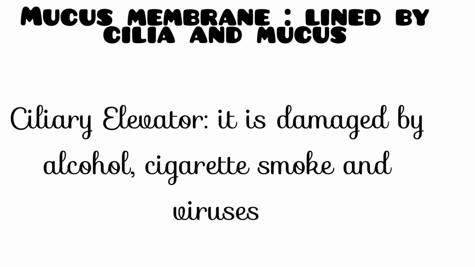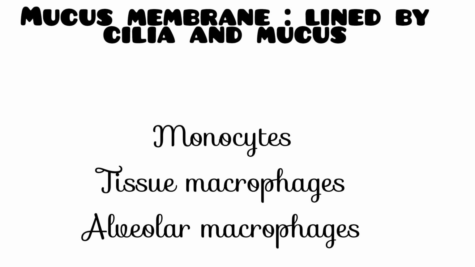Some other protective mechanisms of the respiratory tract involve alveolar macrophages, lysozyme in tears, and mucus. The alveolar macrophages are called tissue macrophages. In the hematopoietic lineage of the macrophages, the precursor cells of macrophages are called monocytes.